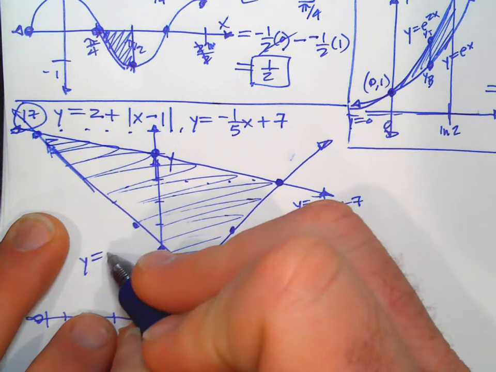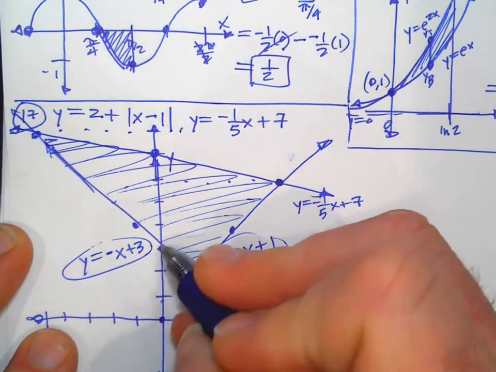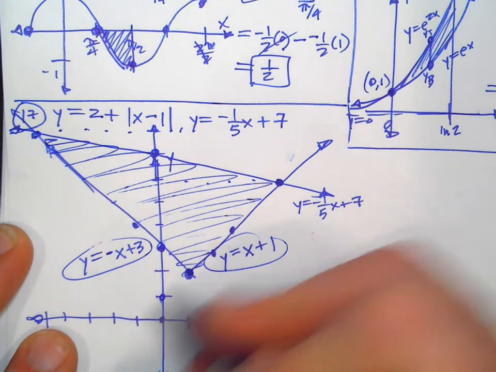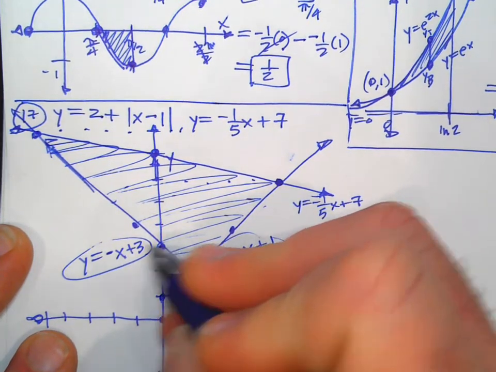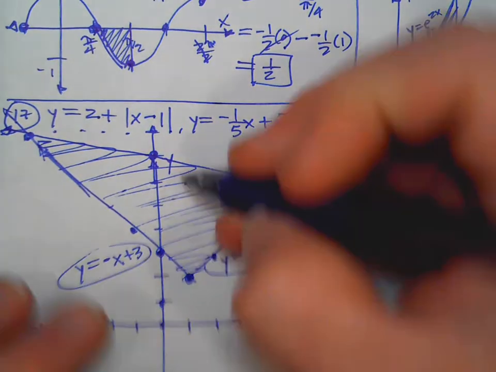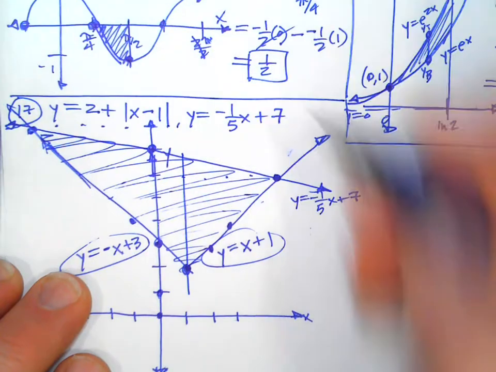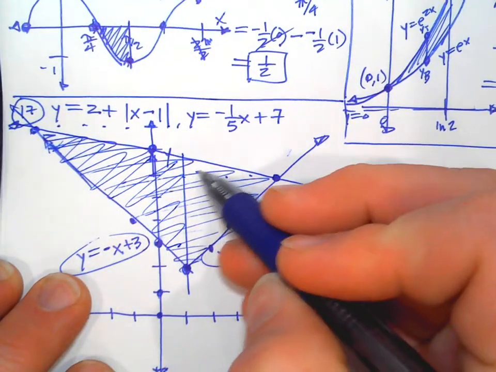So it's going to be negative x plus 3. And that should look right based off of our graph. This looks like a line that goes through 1 with a positive 1 slope. This looks like it goes through 3 with a negative 1 slope. So I think that would be helpful. And we're going to split up our calculation right there. So we're going to do this half, and then we're going to do this half.